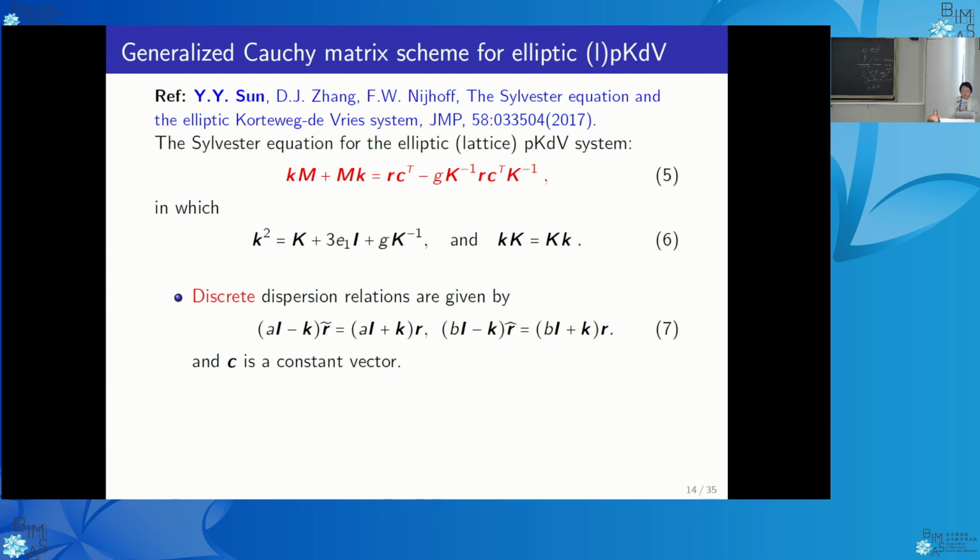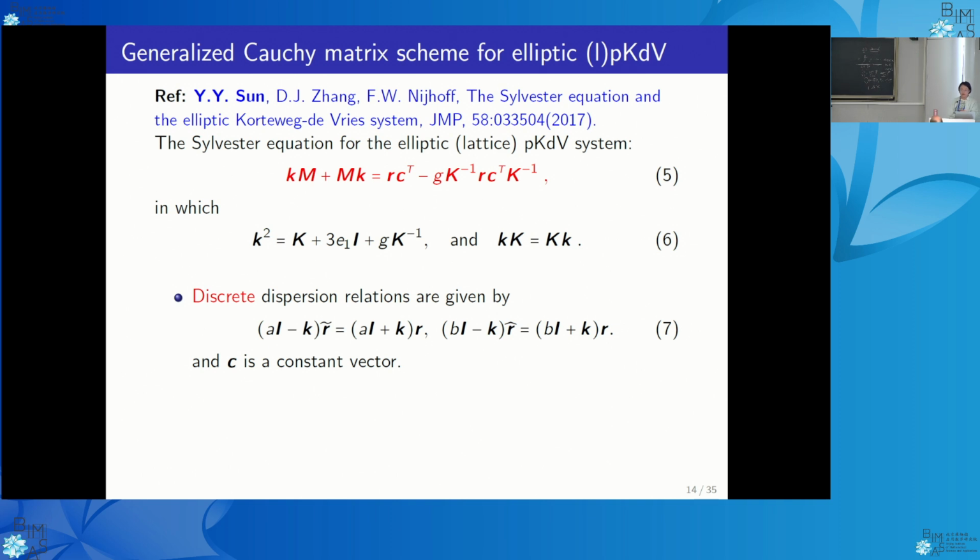So here we can see that small k replaces the P in the KP case, and small k, big K satisfy this matrix relation. We also give the discrete dispersion relations by formula 7.